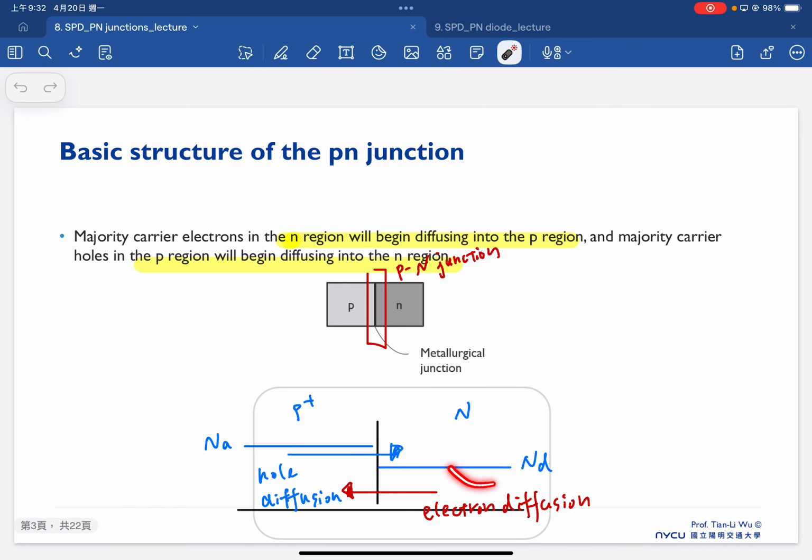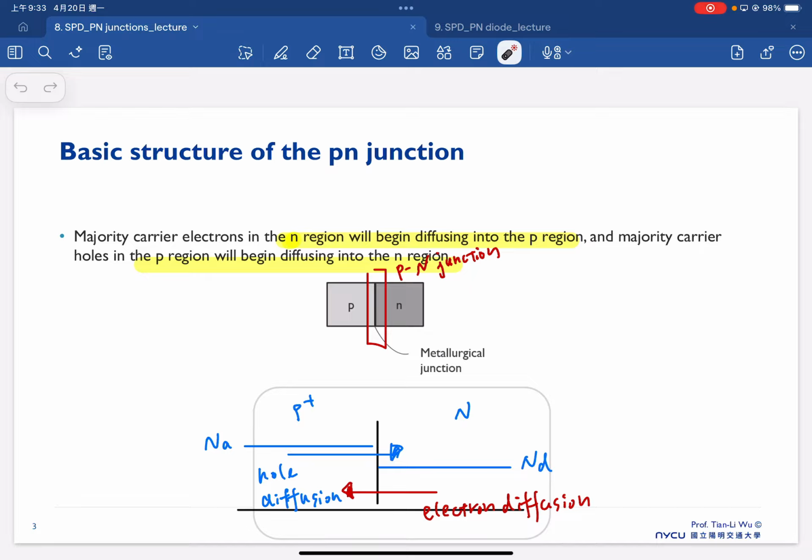We have a higher electron concentration in this region, so we will have electron diffusion to the left-hand side. That's the first very basic phenomenon we should have in mind: if we put two semiconductors of different concentration together, the first thing that will happen is the diffusion mechanism.